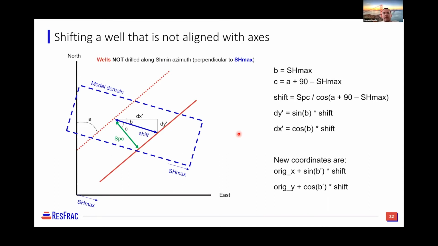So we can define that shift distance as the spacing divided by a trigonometric function of your well orientation and SH max. And in doing so, you then get these new coordinates where you're multiplying by this shift instead of by spacing.